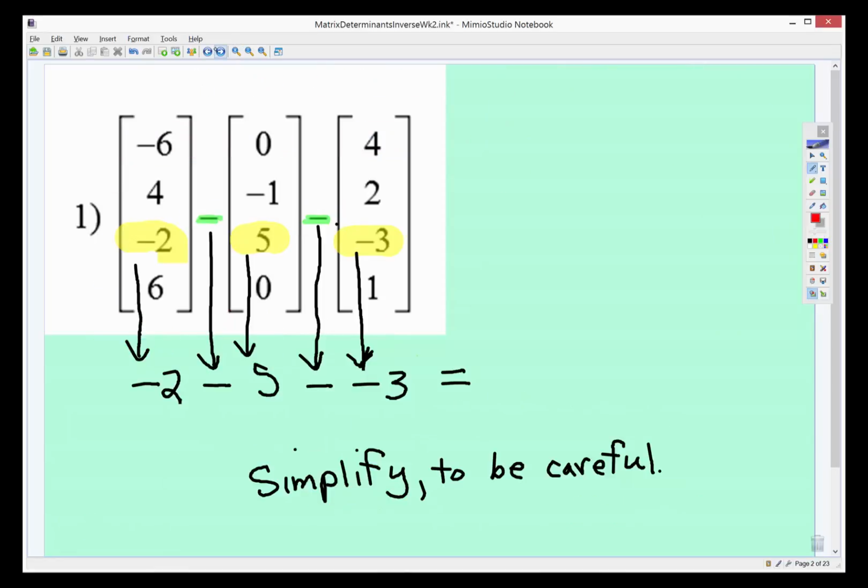So here's an example again. Notice I've highlighted the third spot, and I just brought them down. -2 I bring down. I highlighted the operator, the subtract sign, and brought it down. The 5 brought down, the subtract sign again, and then the -3 in the last. Now, the best thing to do is simplify first before you solve.